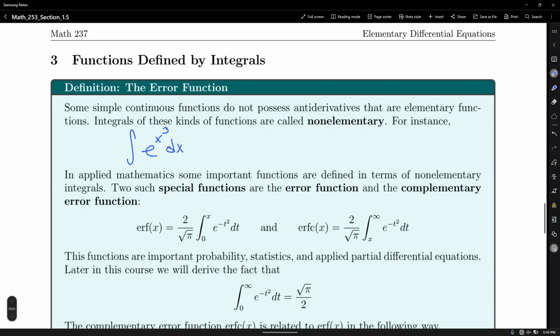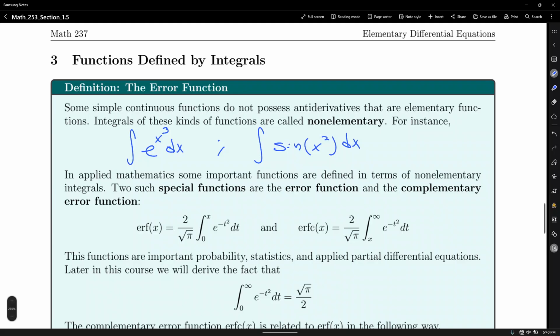Unfortunately, we can't integrate this function because we're missing at least a factor of x squared to set up the u substitution. Also, an integral like sine of x squared dx. Same situation. We wish we had an x multiplying outside, but we don't have it. And we can't divide by x. We can only do that with constants.